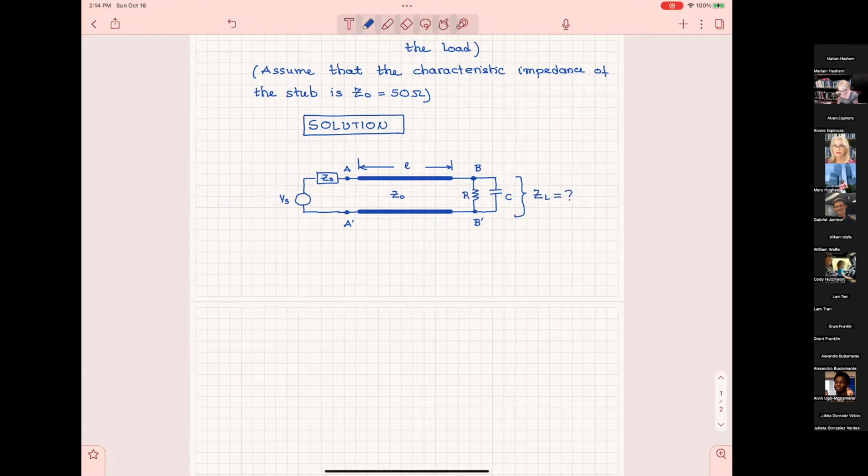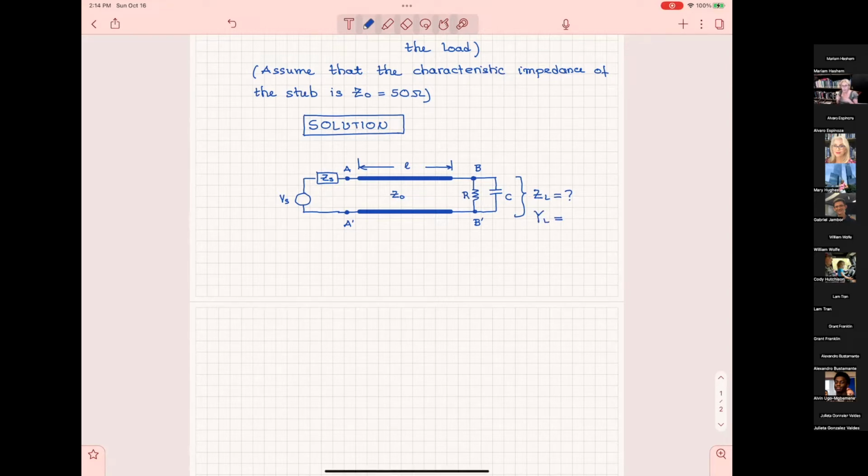All right. Now, what do I find here? Here I have two components that are in shunt. And that implies that the easiest way to go about this problem is not necessarily to work with ZL, but with YL. And why is that?